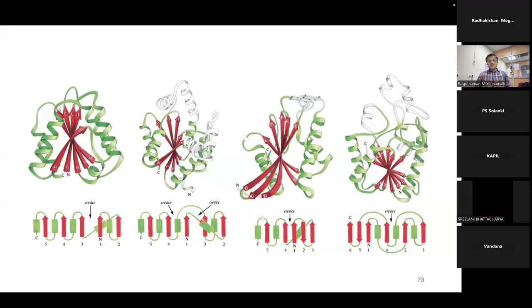So this came up with a general rule of thumb that if you have an alpha slash beta protein, a fold that has a mix of alpha and beta, then look at the loops at the end of the beta strand. The beta strand starts at this point and ends here at the arrowhead. Wherever the loops are at the arrowhead, those regions are the active site regions of a protein.